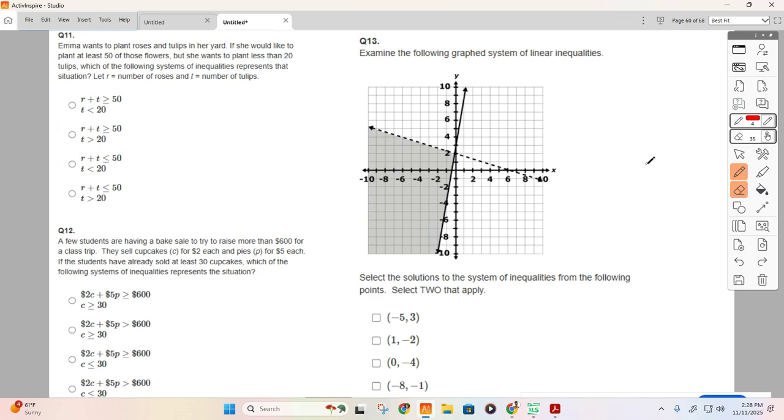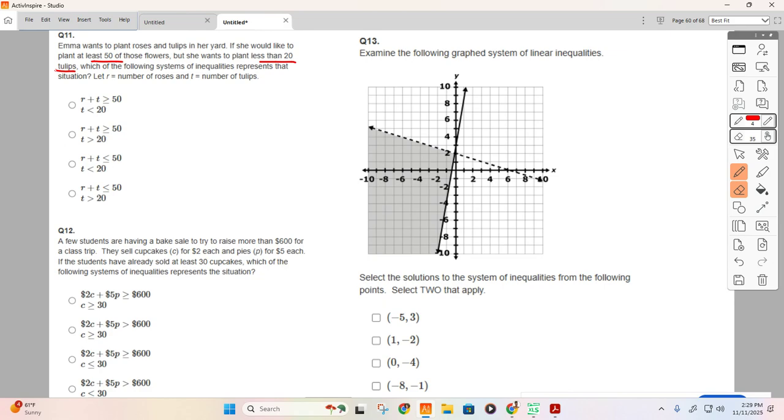Okay, so there are going to be some problems that you can't use Desmos for. You have to actually understand what they're saying. Emma wants to plant roses and tulips in her yard. She would like to plant at least 50 flowers. She wants to plant less than 20 tulips. Which of the following systems of inequalities represents this whole situation? R is the variable for roses, T for tulips.